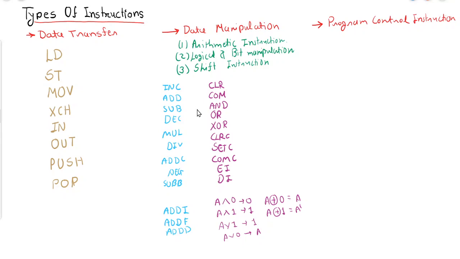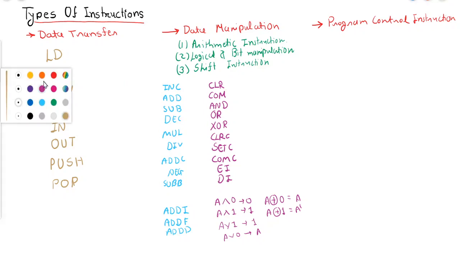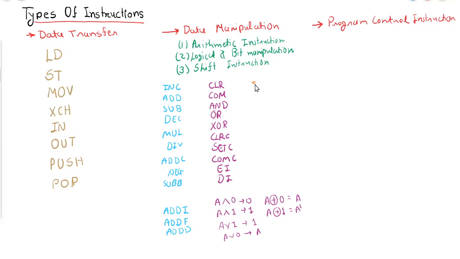Next, it is shift. So let me write down some shift operations so you can have an idea. The first instruction is SHR, which is logical shift right. Then SHL, logical shift left. Then SHRA means arithmetic shift right.